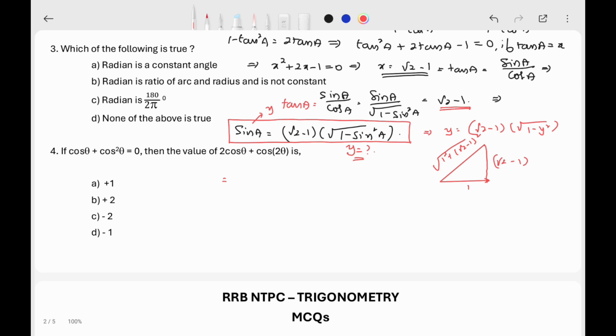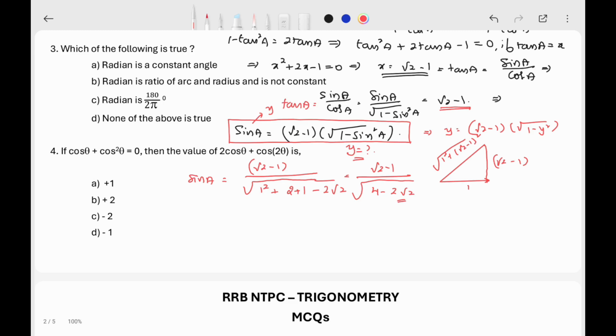Then sin A is equal to opposite side by hypotenuse, square root of 1 square plus root 2 minus 1 whole square. I am expanding this one: root 2 minus 1 whole square is 4 minus 2 root 2.